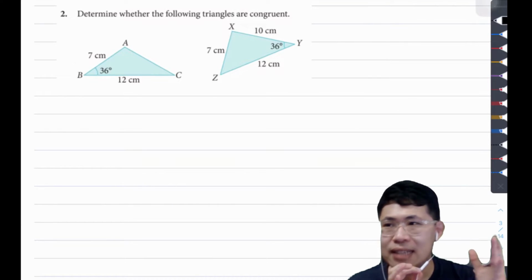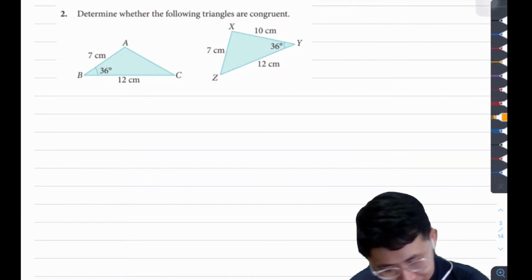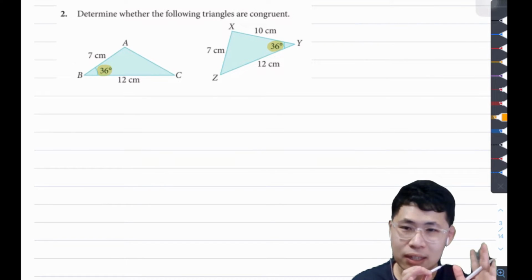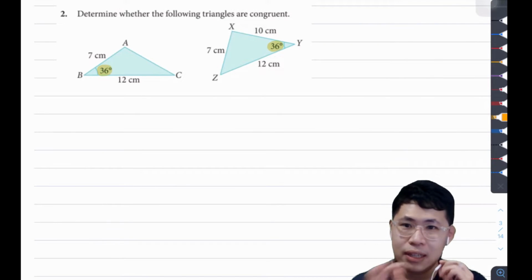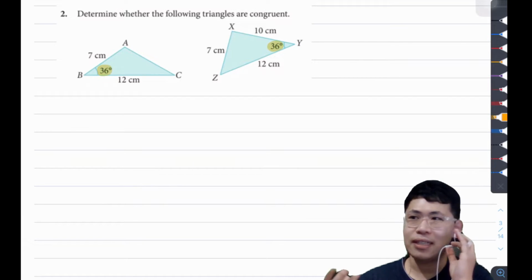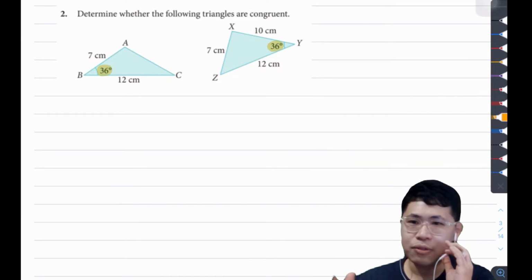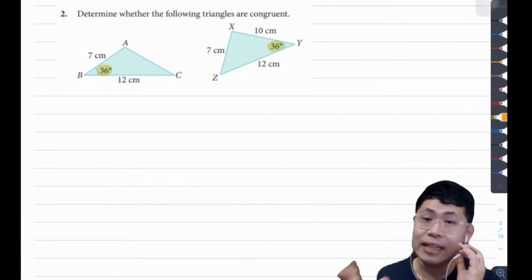So we have the SSS, SAS. Over here we have one angle, the 36 degrees. With only one angle, most likely the test we're going to use is the SAS test, the side angle side test, and this 36 degrees most likely is our included angle.